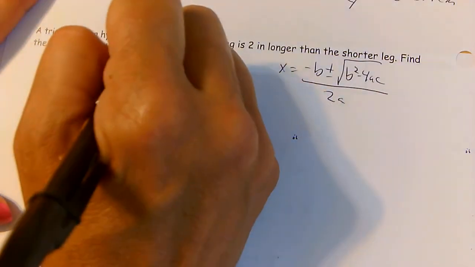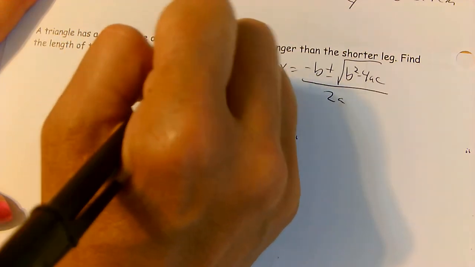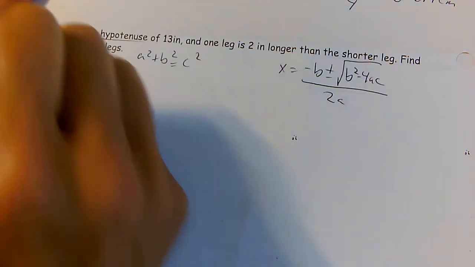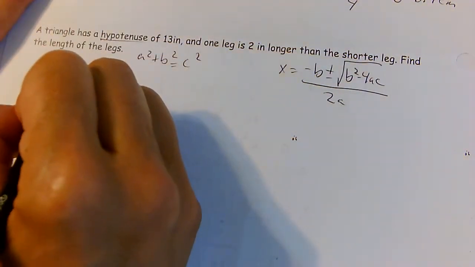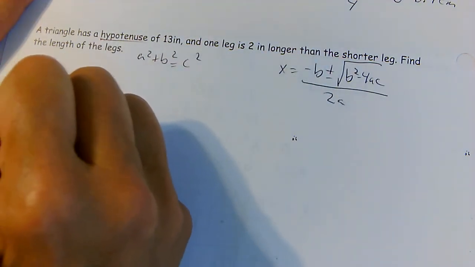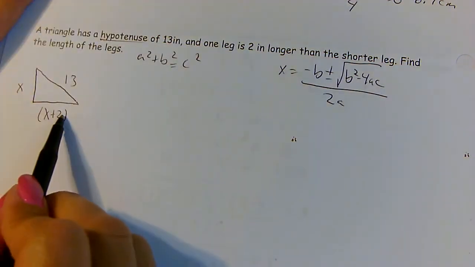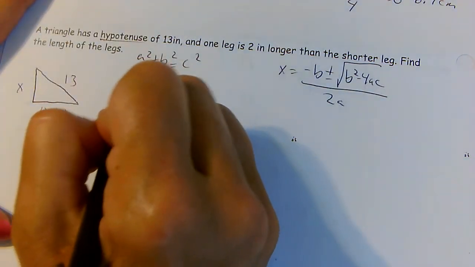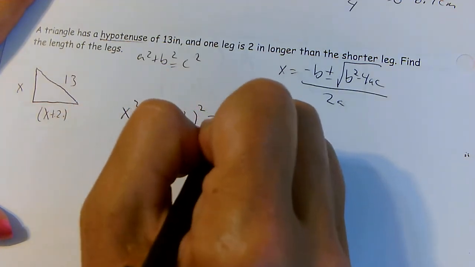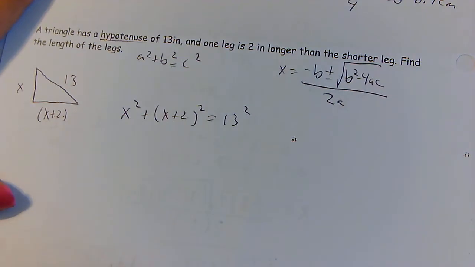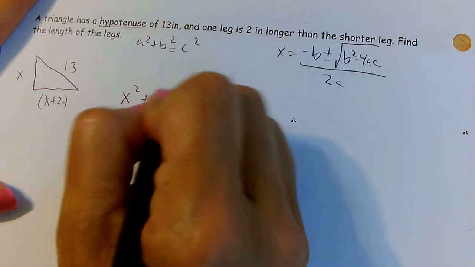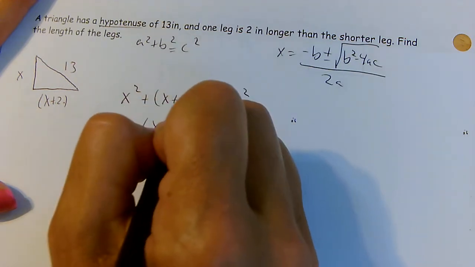Alright, again, Pythagorean, hypotenuse, triangle. The hypotenuse is 13. One leg is 2 inches longer than the shorter leg. 2 more than the shorter leg. So a squared plus b squared equals 13 squared. This needs to be FOILed out. I have 2 of them.